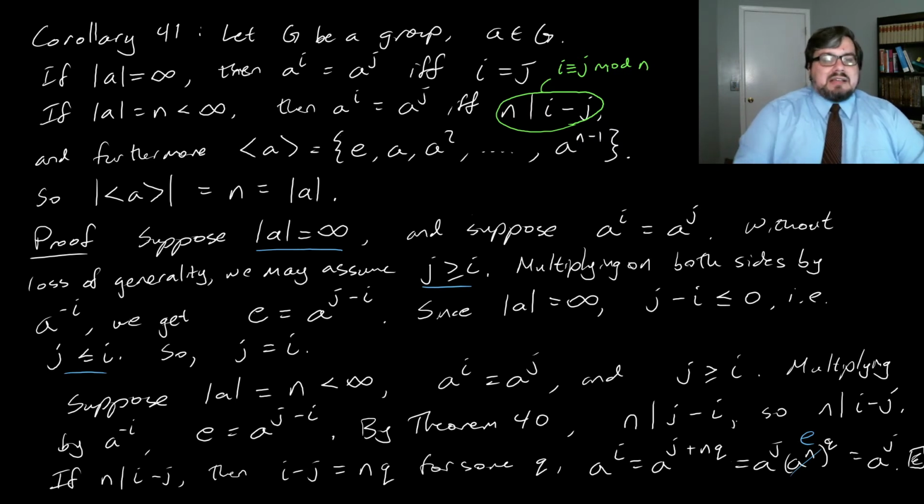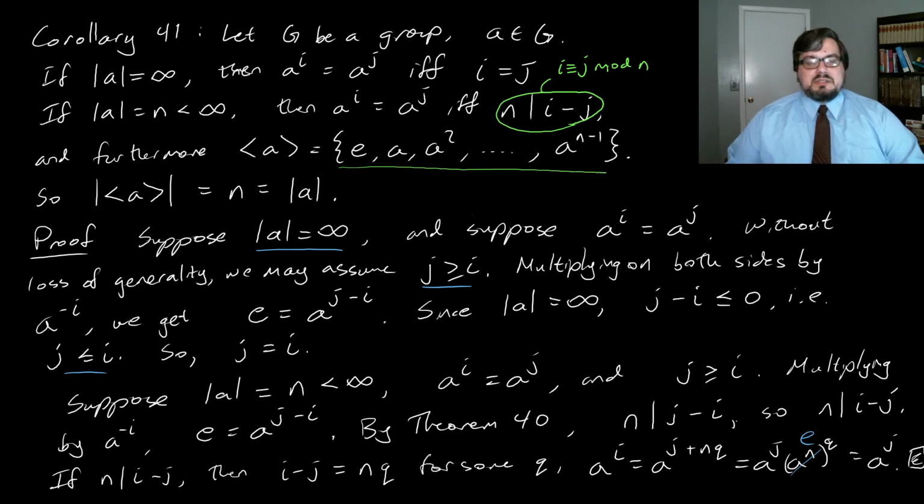Nearly. The last statement, that the cyclic subgroup generated by a is this set of elements, comes from the previous result, which means that a to any power k is equal to a to the r, where r is the remainder when you divide k by n, the order of a.